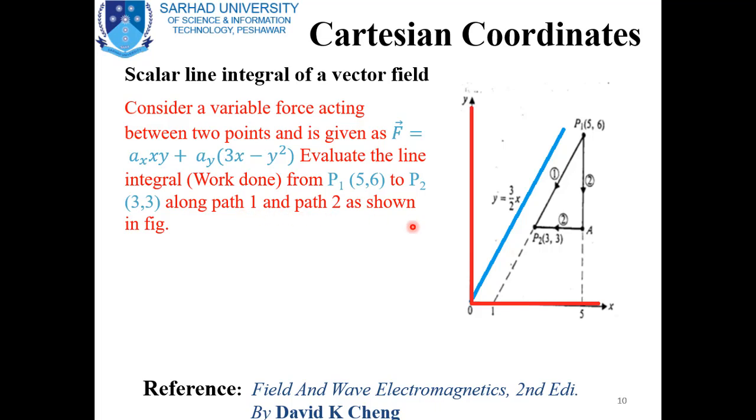From the figure it is clear that path 1 is the inclined path, which is the direct line. You can say that this is the displacement, and path 2 is an indirect path in which we first come from P1 to A and then to P2. And we know that the work done is simply the dot product of force and the length element.